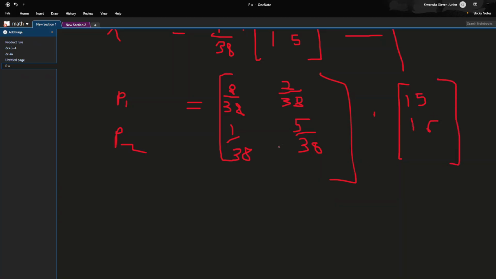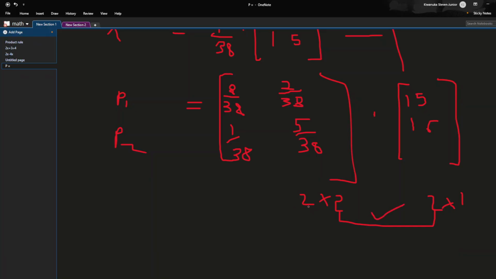From the formula, how do you multiply this whole thing? First of all, this is a 2 by 2 matrix, and here how many rows? 2 rows. How many columns? 1 column. So this is 2 by 1. We check for compatibility. If they are compatible, then you can multiply.